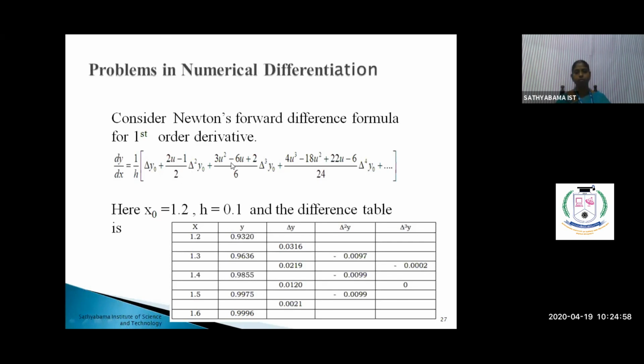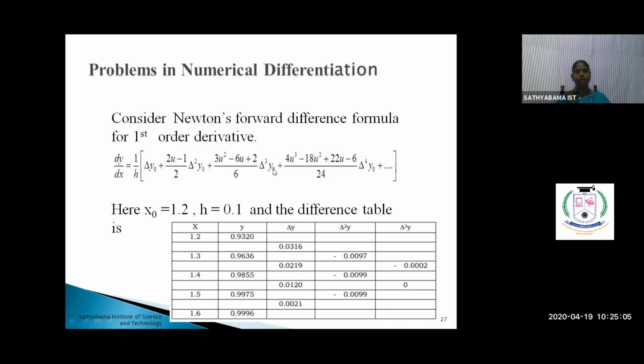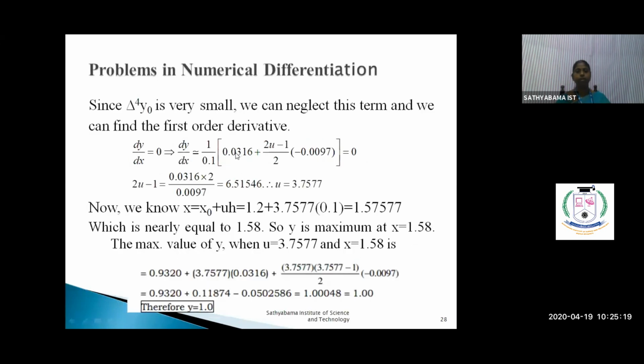The third difference, delta cube y naught, is minus 0.0097, very small, so I can neglect it. So I have written delta y naught plus (2u minus 1) by 2 into delta square y naught, and this is equated to 0. When I solve this equation, I'll get the u value. What's my u?